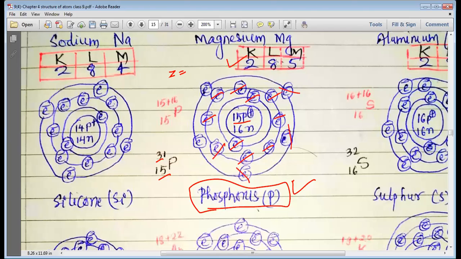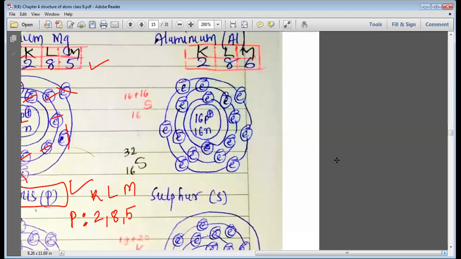So we will write its electronic configuration. For phosphorus, we write it as 2, 8, 5, which says that in the K shell it has 2 electrons, in the L shell 8 electrons, and in the M shell 5 electrons. This is how we understand the electronic configuration of phosphorus.